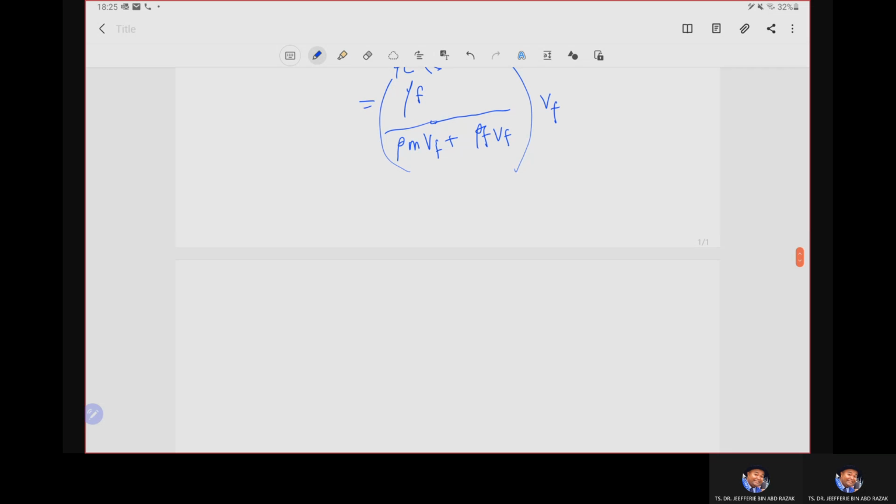Now that you have this equation, you see the expansion of the equation and do a bit of modification by dividing all the terms in the fraction by the matrix density.